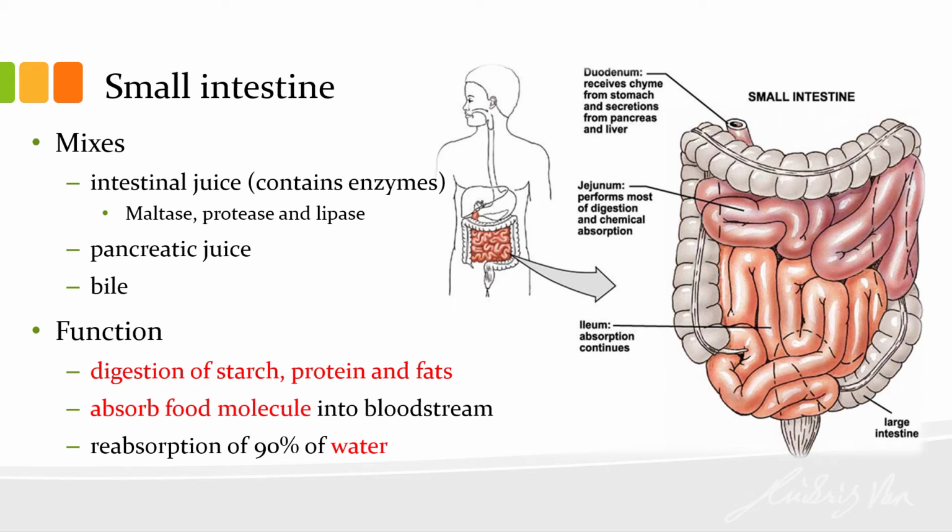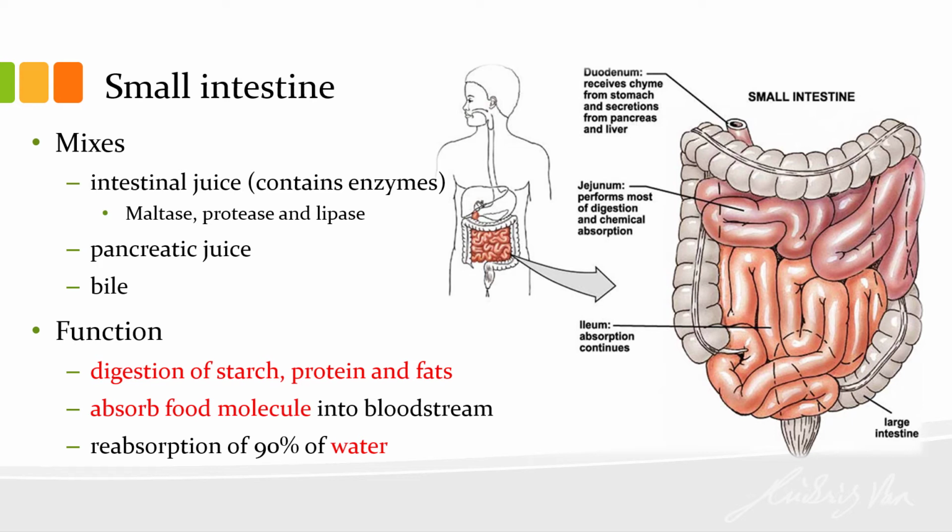But that's just one of its few functions, which is why people might think that the large intestine absorbs most of the water, but this is not true. Whereas the small intestine also digests food and is also responsible for absorbing those soluble food molecules.